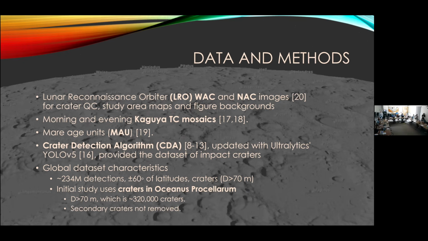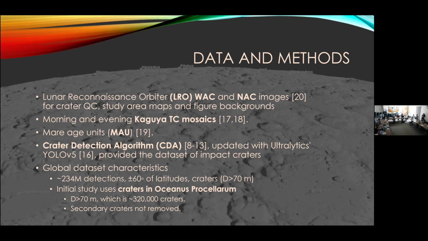So, data: we're using LROC, WAC and NAC, morning and evening, and Kaguya Terrain Camera data. Mare age units are from Hiesinger et al., 2011, and all the predecessors. For the crater detection algorithm, there are a slew of references here, which mainly came out of a big computer lab in Perth, Australia. Working with those folks there, they were using YOLO version 5 at the time.